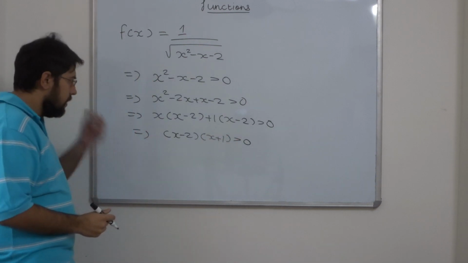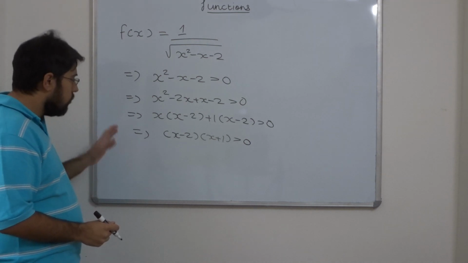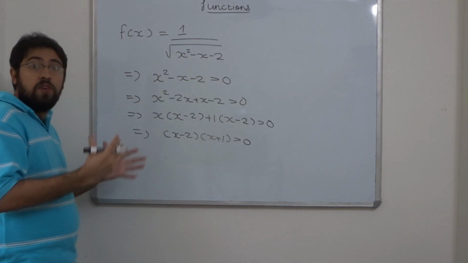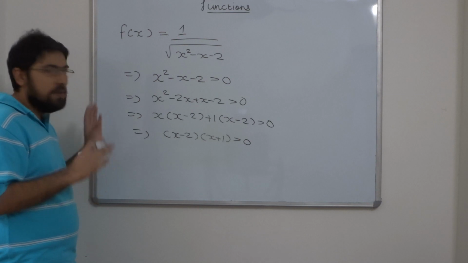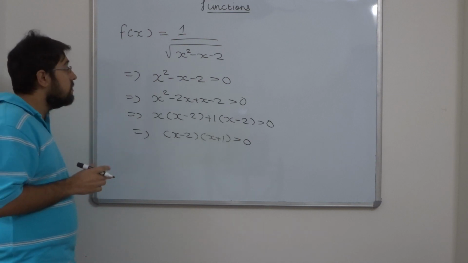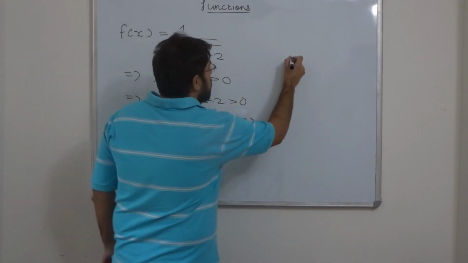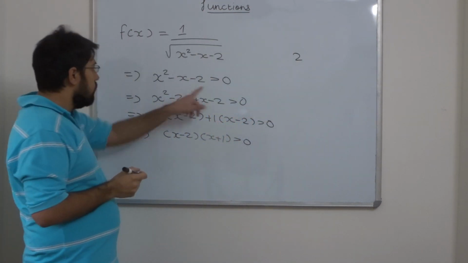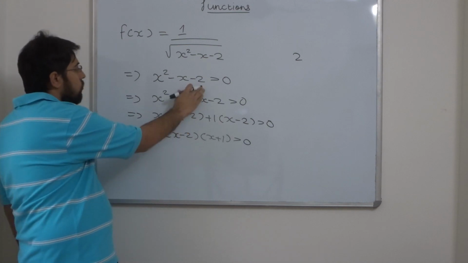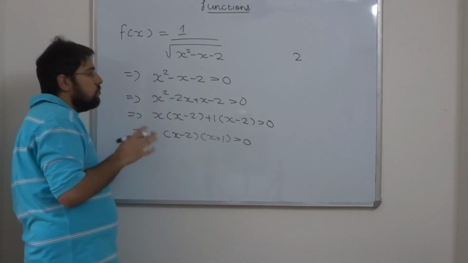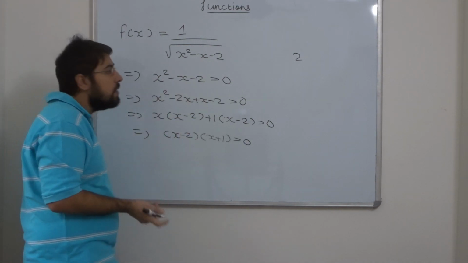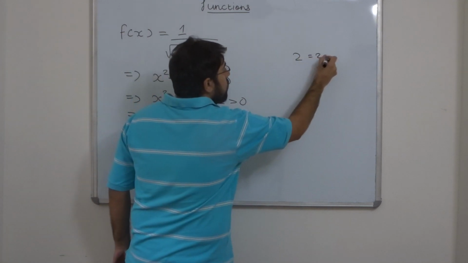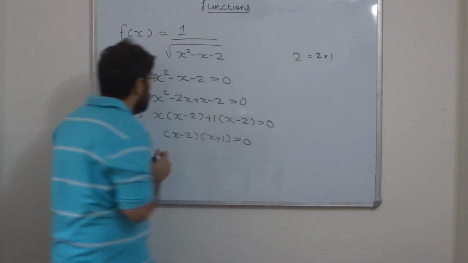Let me just check. Guys, I'm just checking because whenever I go too fast, I make so many silly mistakes, even if I know what the answer is. So again, I'll just teach you how it's done. Like I said, you have 2 and 1. So 2 times 1 is what? 2, right? So here you have 2 times 1, which gives you 2.